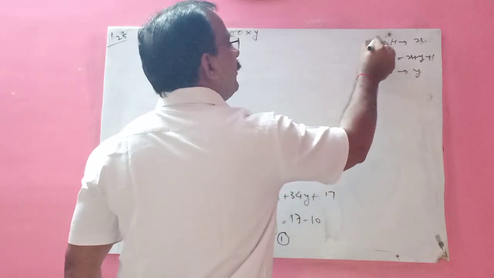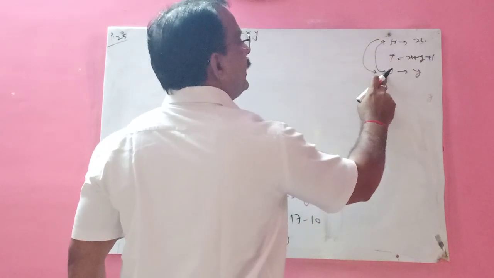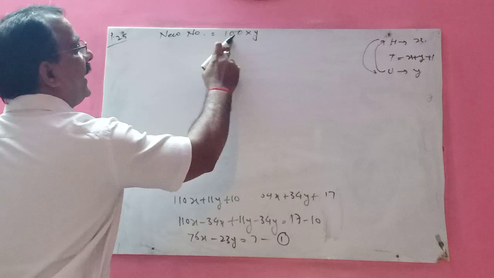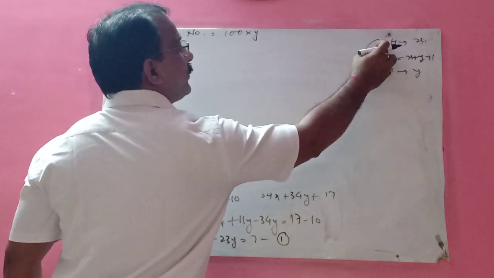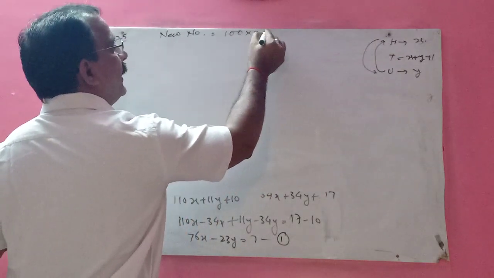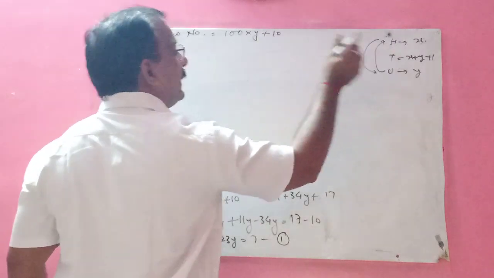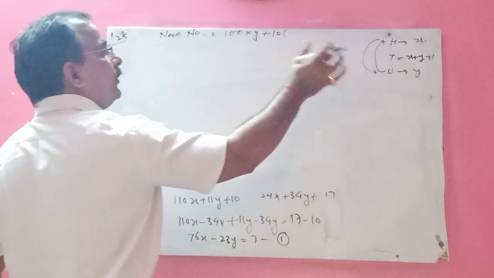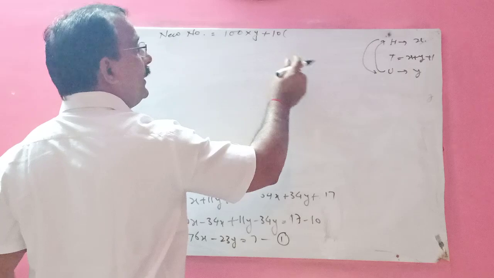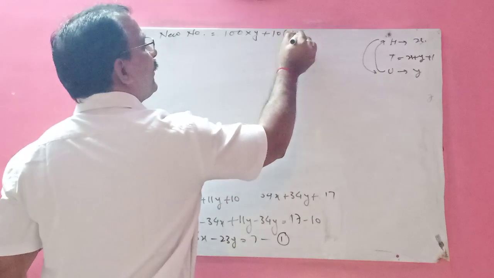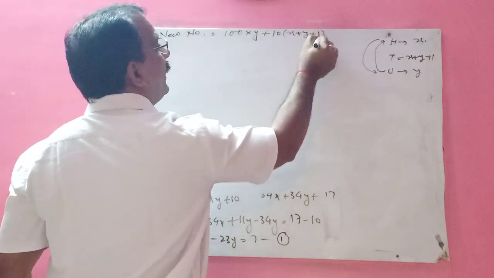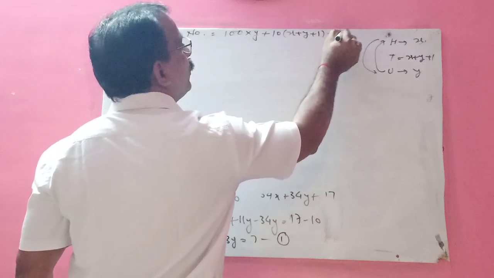Now we have to reverse this. So the tens place becomes y, so the 100 place becomes y. 100 into y plus the tens place remains as it is, because it is given that you have to reverse these two. Okay, so 10x plus y plus 1, and plus 1 into x.